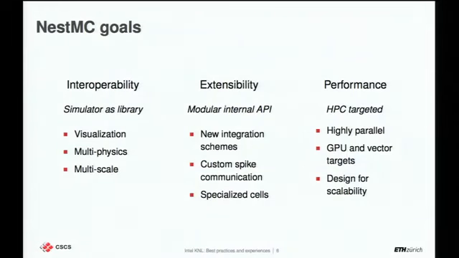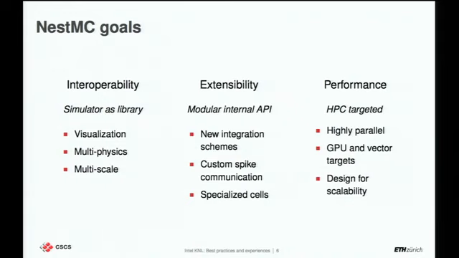As I said before, the goals are, first of all, at the user API level, we want the code to act as a library and provide an interface so that it can be easily integrated as part of a larger series of tools. But also internally, it's designed in a layered fashion. There are several internal APIs so that you can plug in different modules, even for cell simulation or for spike communication and different integration schemes.